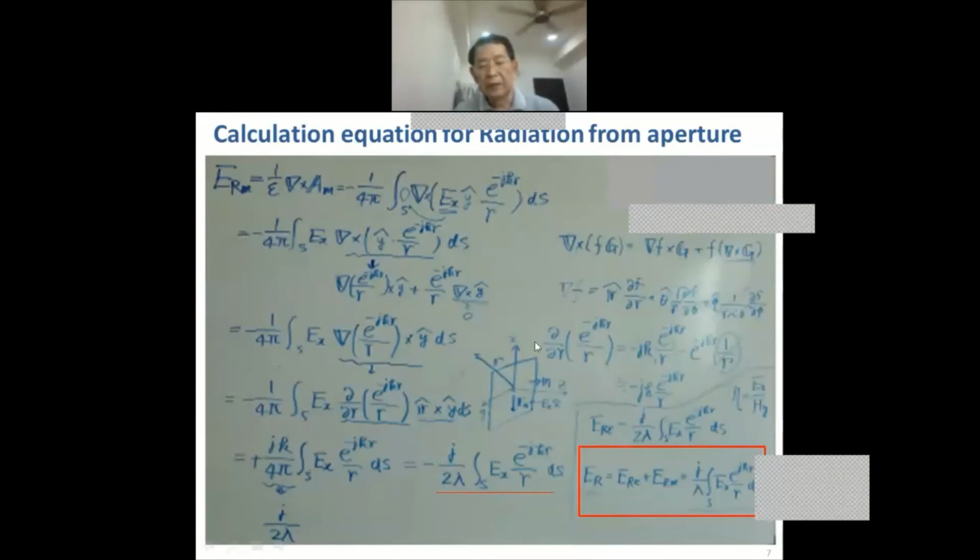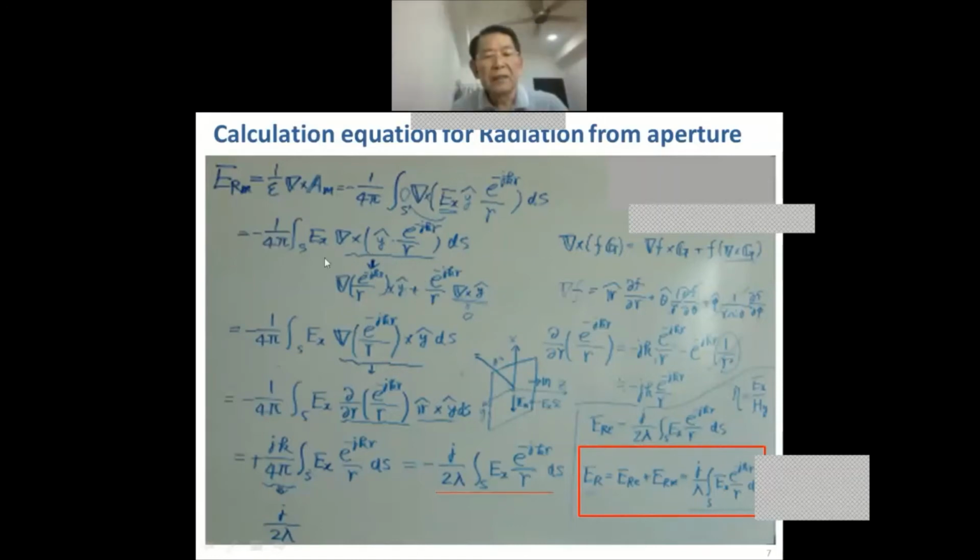So here, this page derives this equation. So ER from the magnetic source is like this. You can trace the rotation by yourself later.